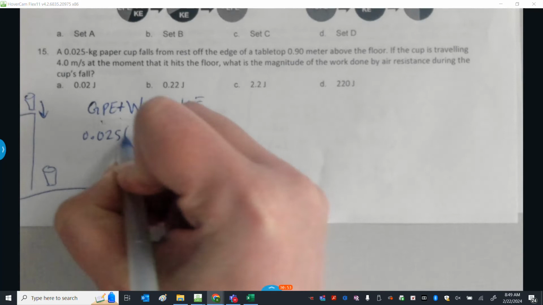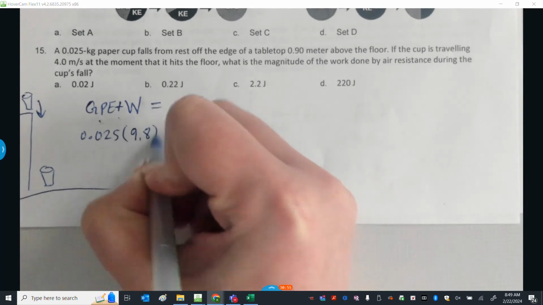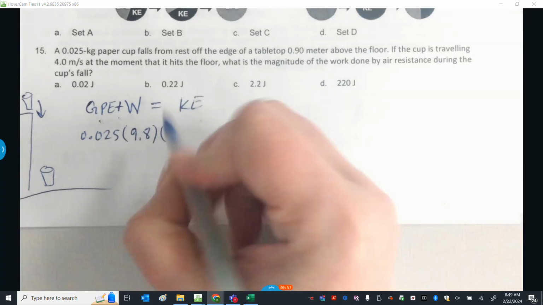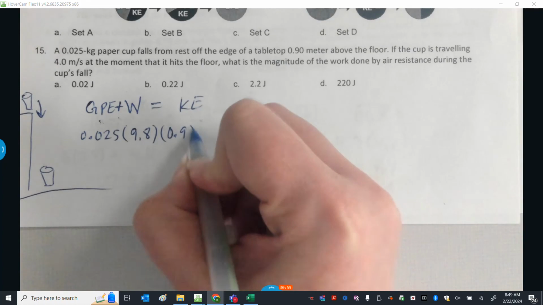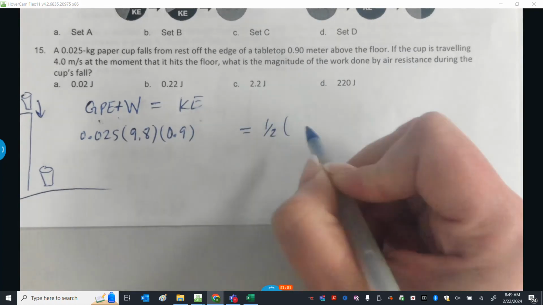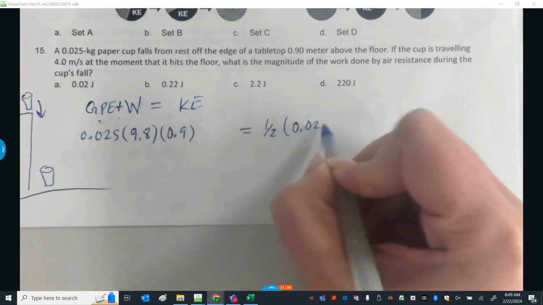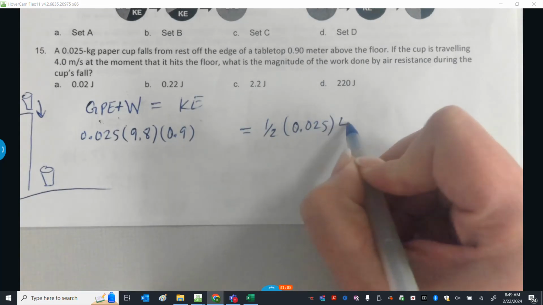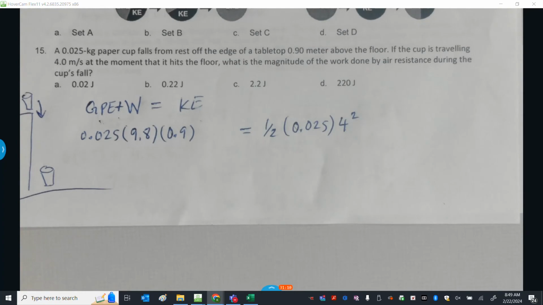That mass is 0.025. Gravity is 9.8. The height is 0.9. And then my kinetic energy over here, 1/2, the mass is again still 0.025. The velocity is 4. Are those equal? That's the question. So let's solve for each of them.